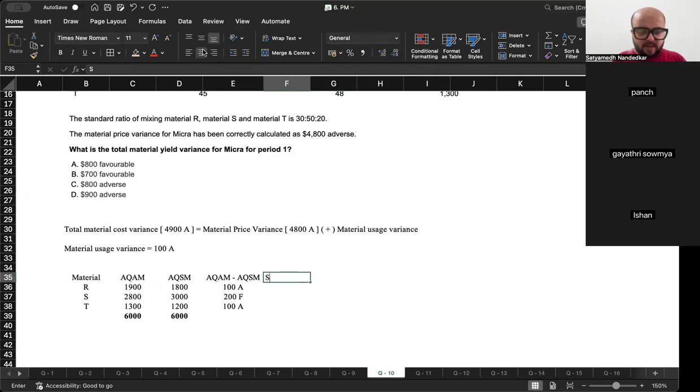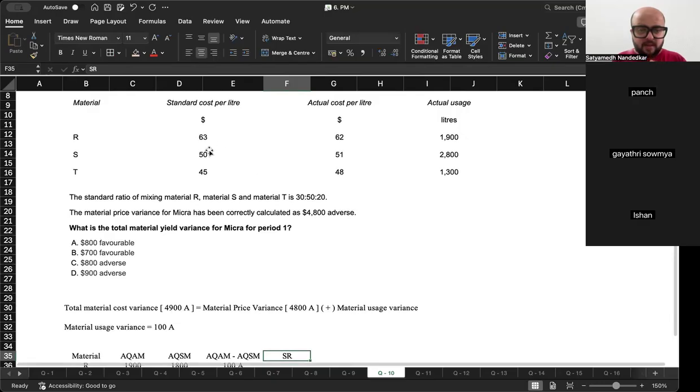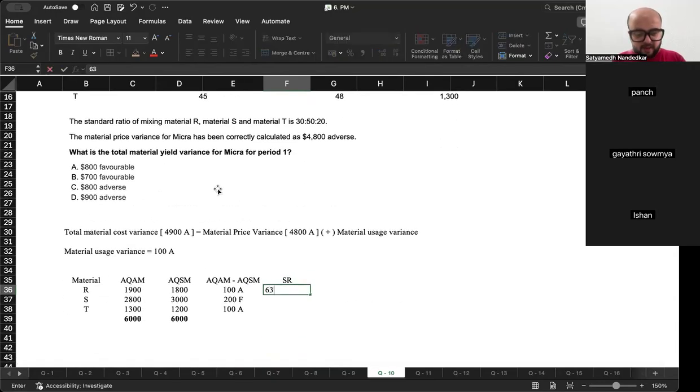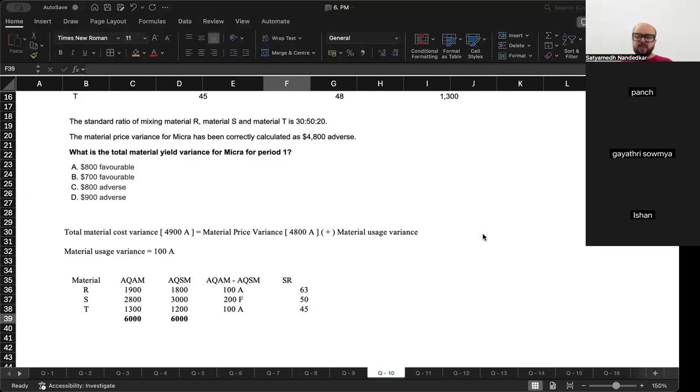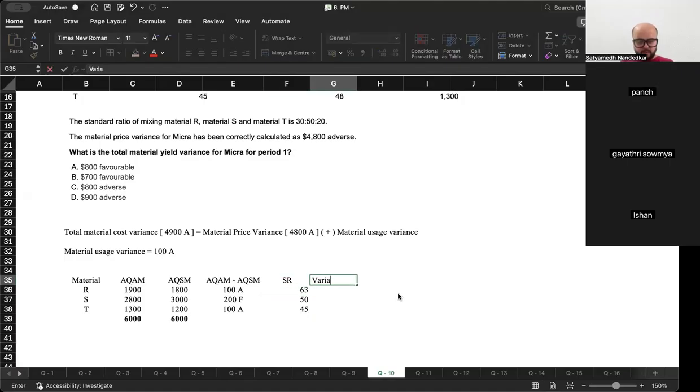Now, what is the standard? Standard rate 63, 50, and 45. Correct. 63, 50, 45. Does that seem right? Have I written anything wrong here? Right? So what will my variance be? 63 into 100, 6300 adverse. 50 into 200 should be 10,000 favorable. 45 into 100 should be 4500 adverse.